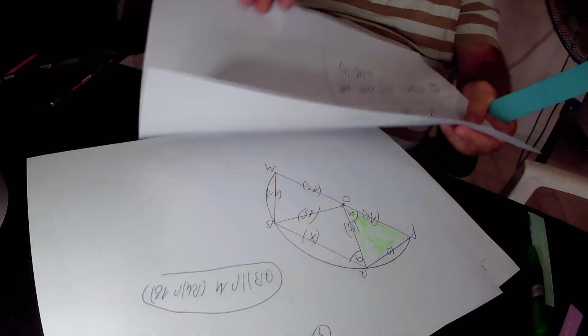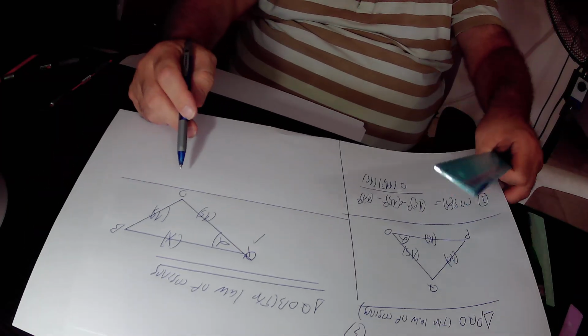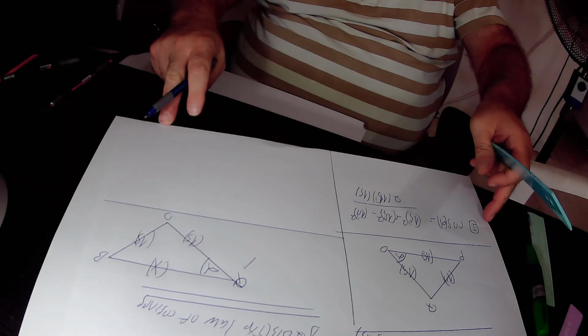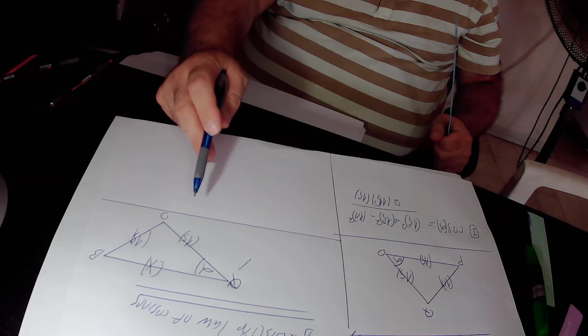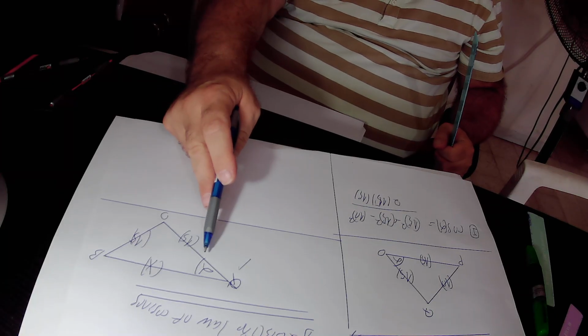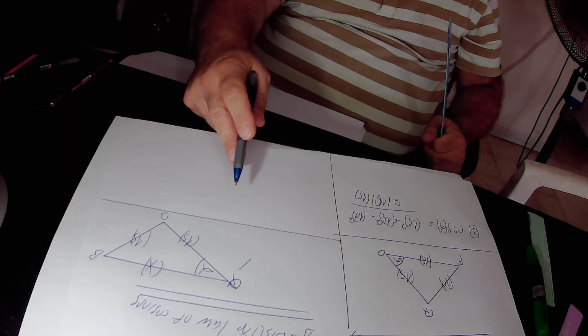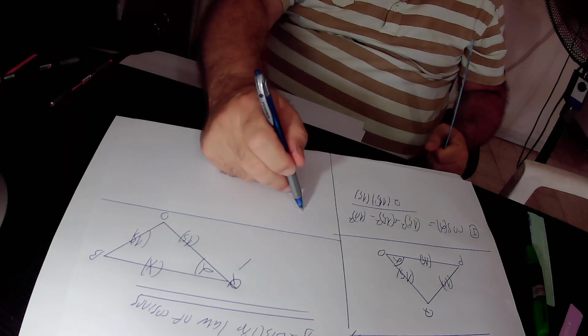Okay, this is triangle QOB, the quote from this drawing. So we implement the law of cosines in this triangle QOB. This is angle alpha.